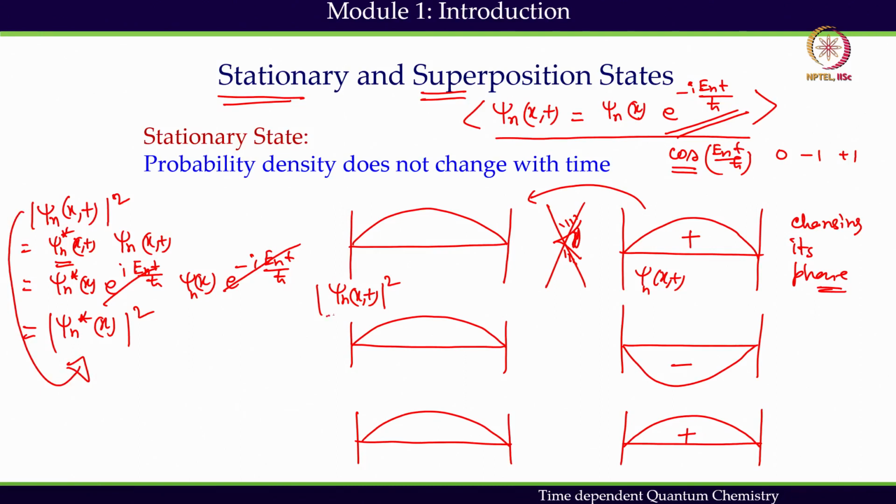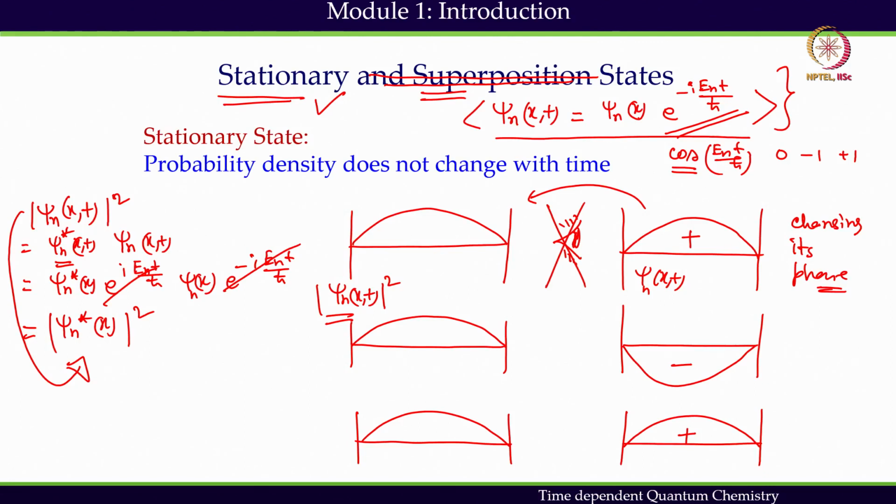So, the density for a stationary state is time independent, and that is why this state is called a stationary state. I have not discussed the superposition state yet. I am discussing the stationary state, and a state of the particle described by this equation is called a stationary state because its density is not changing as a function of time.